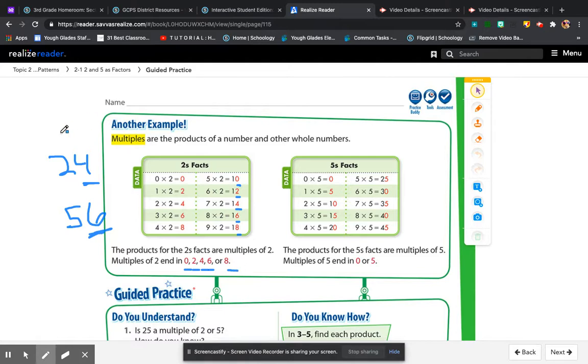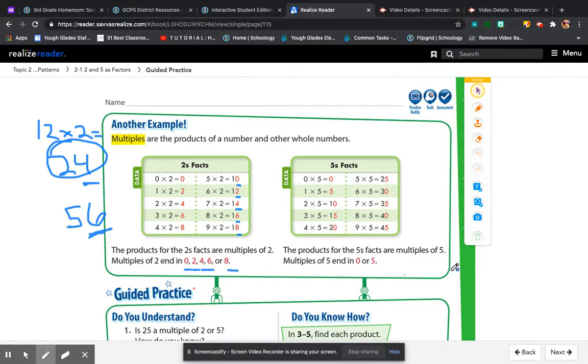Like for instance, 24. 24 is a product of 12 times 2, or 2 times 12. When I multiply 12 groups of 2, I get 24. 24 is a product of a 2's fact.